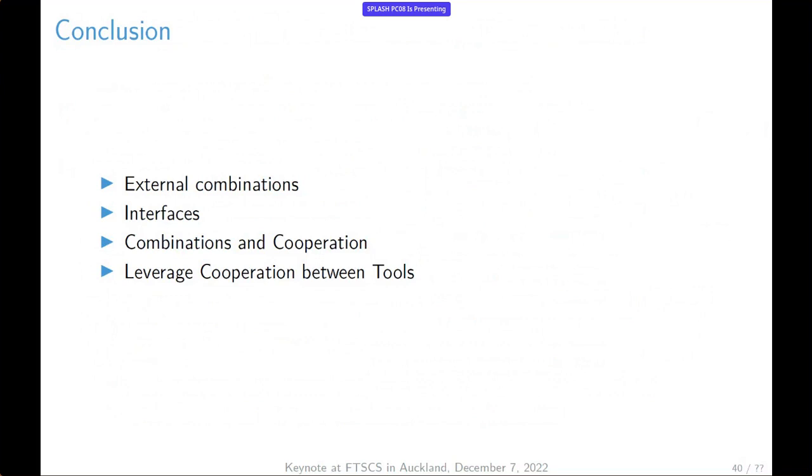There are combinations, and there is cooperation, and there are many ways to do it. We have to investigate more of them, and by leveraging the cooperation between tools, we can maybe improve the power of our research community. And I hope I made you a little bit excited about cooperative verification. Thank you for listening.